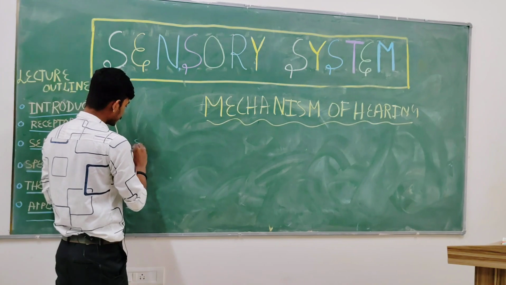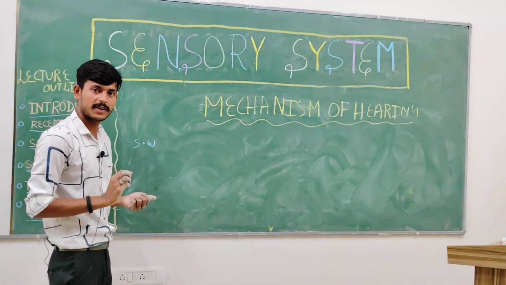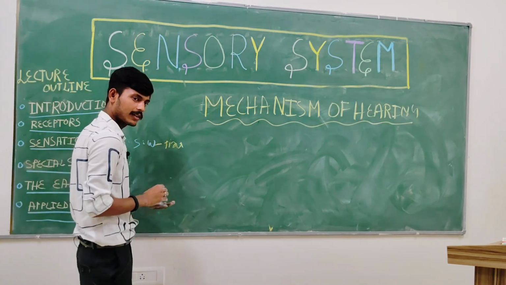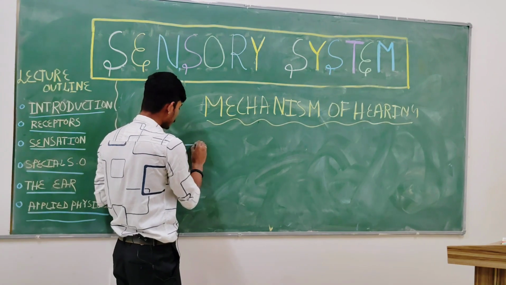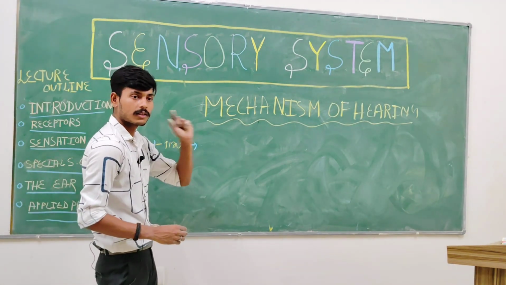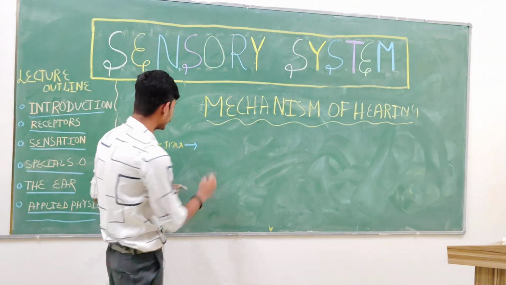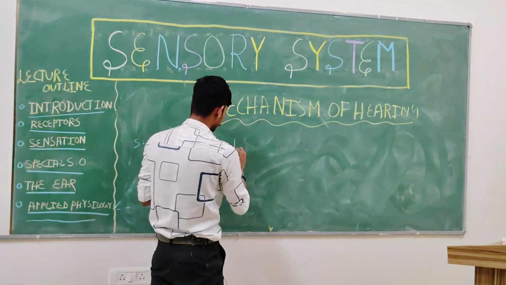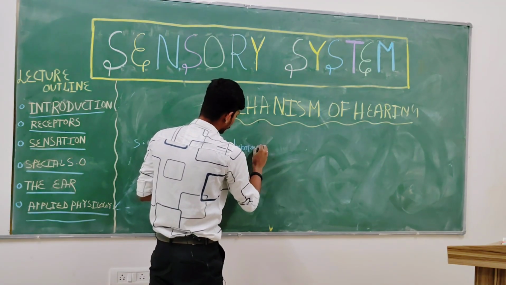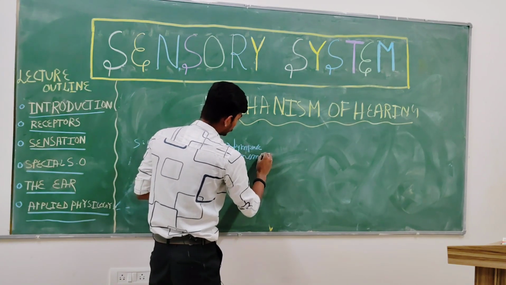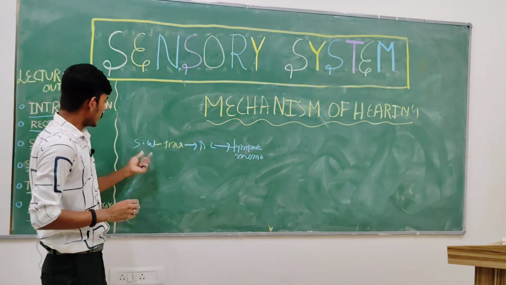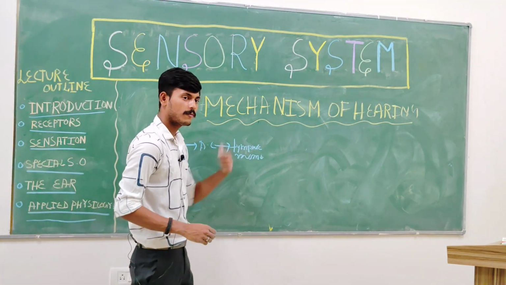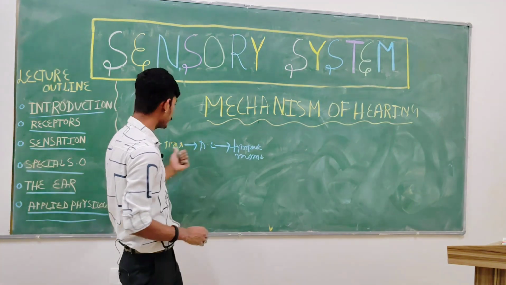First, sound waves come through your pinna or auricle, then go through the auditory canal. Then they hit the tympanic membrane. The sound wave changes into another form of energy.